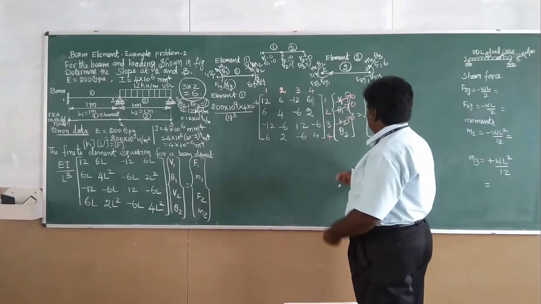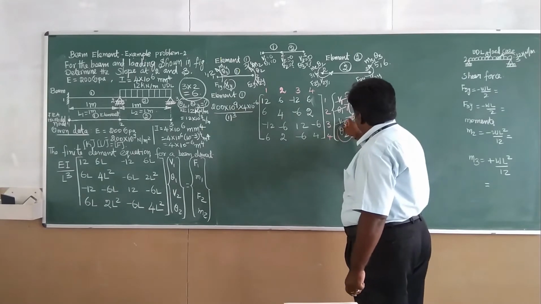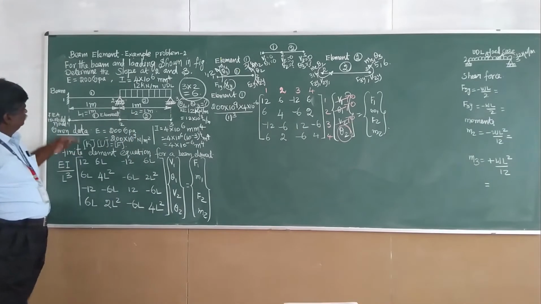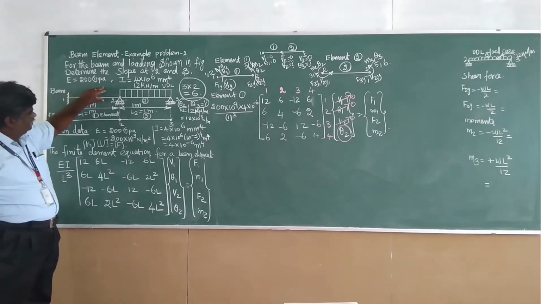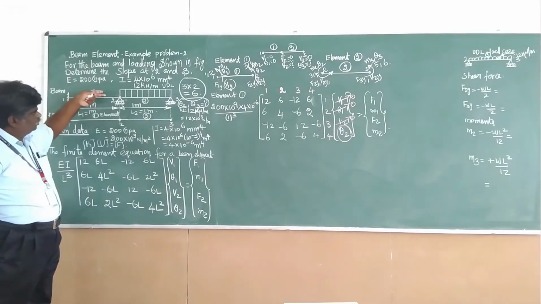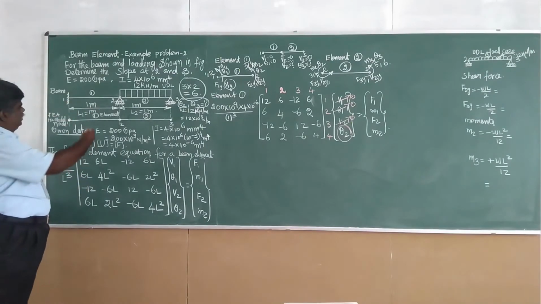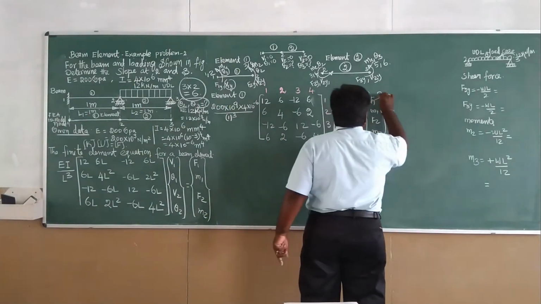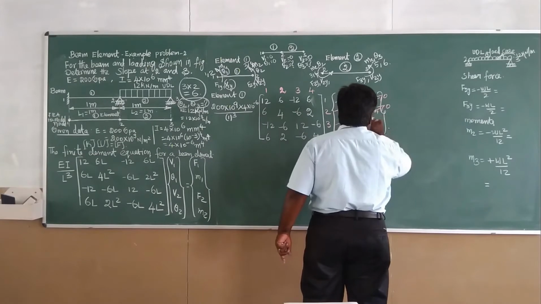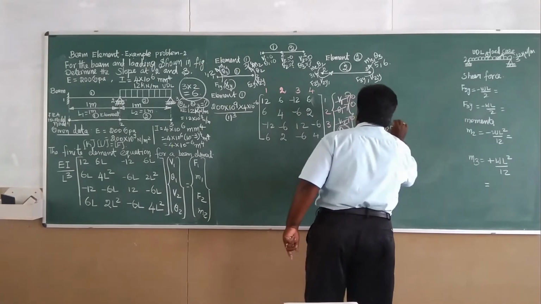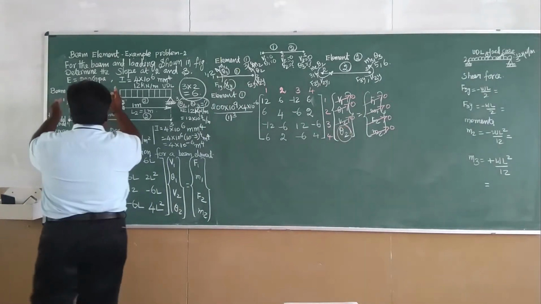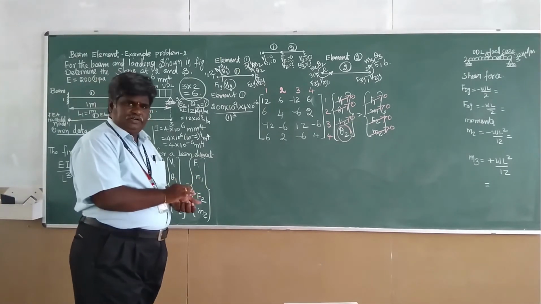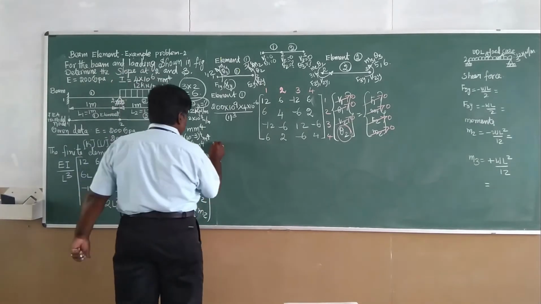Then we have to calculate theta. Considering element 1, no external load is acting, so no force will be acting on element 1. So this is 0, moment will be 0. Similarly, we have to calculate element 2.